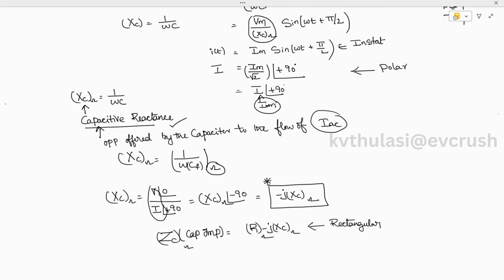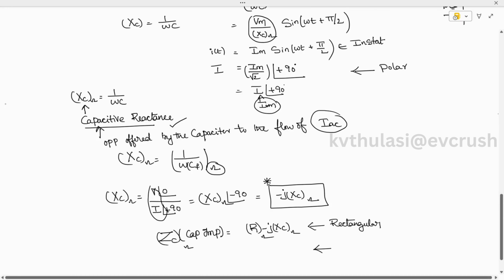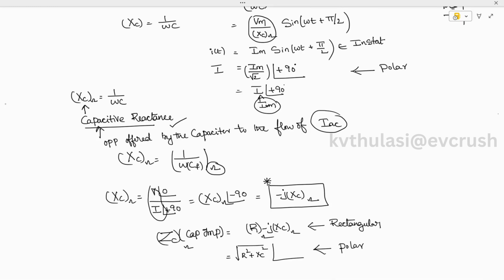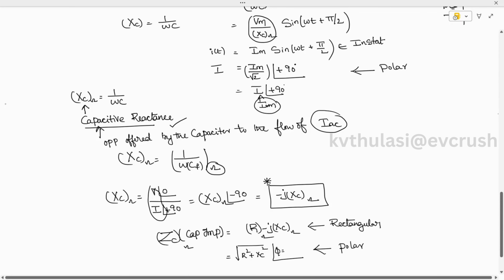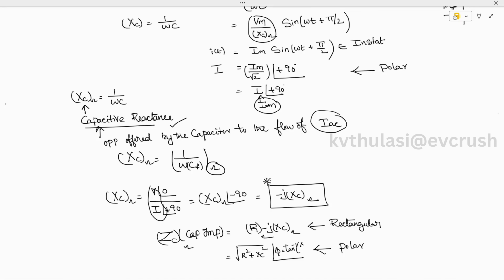If you want to write it in polar form, it is equal to the square root of R squared plus Xc squared, at an angle phi equal to tan inverse of the imaginary part. What is the imaginary part? Xc divided by R. That's how to write the capacitive impedance in rectangular form as well as polar form. These two forms come under complex numbers.